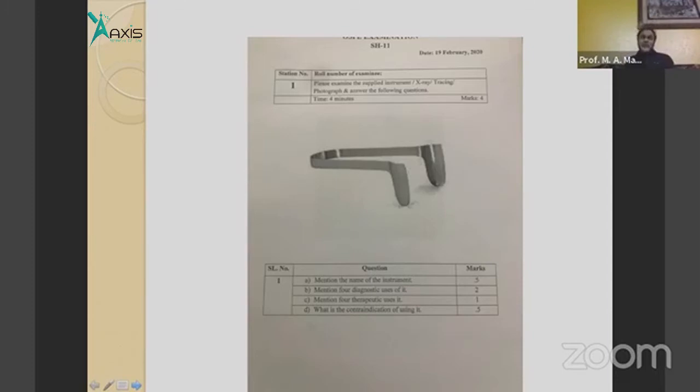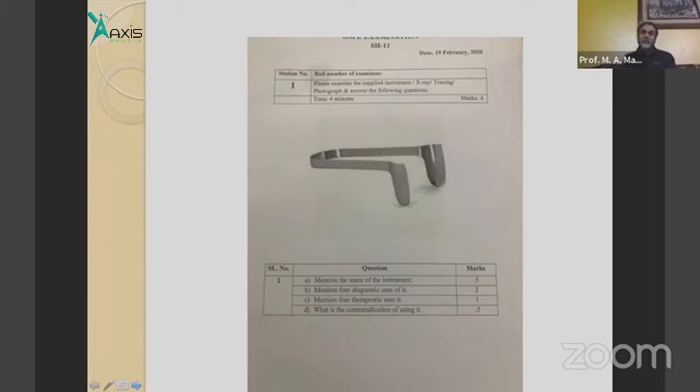So just write anything you want. Diagnostic means to see whether there is anything wrong in the nasal cavity. So this is diagnostic.